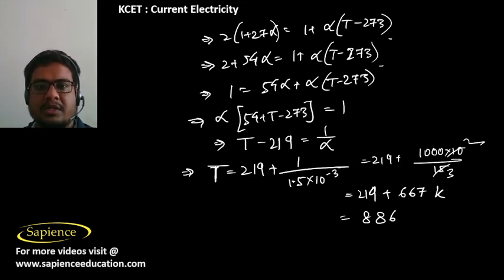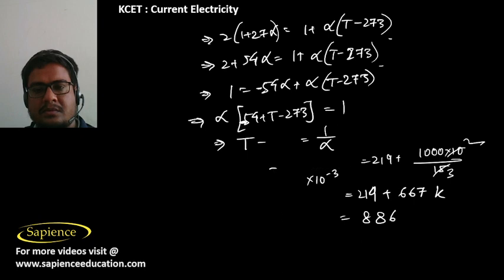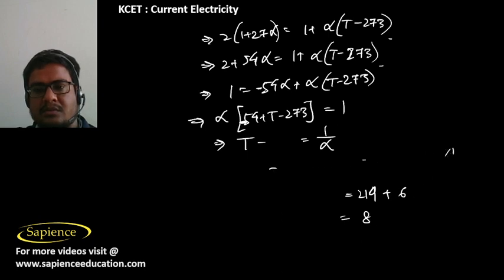Sorry, this will be minus 54 alpha minus 1, so you have to add it actually. This part is wrong, sorry.